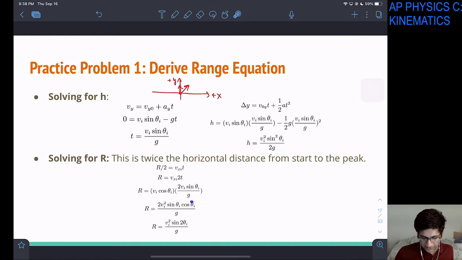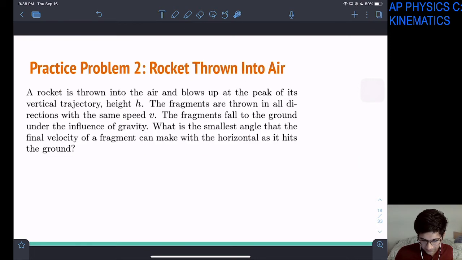If you simplify this using some trigonometry rules, like sine of 2 theta equals 2 sine cosine, we get our final answer as our range equation. This makes sense? Awesome. All right.